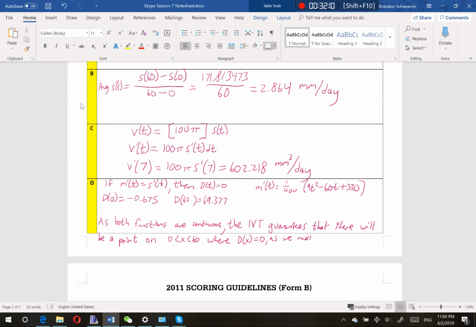As we must pass through all d of x from a negative d of x to a positive d of x.